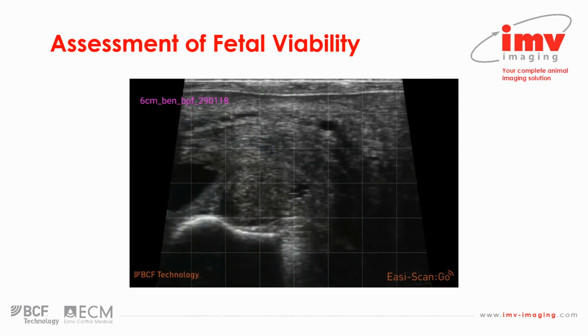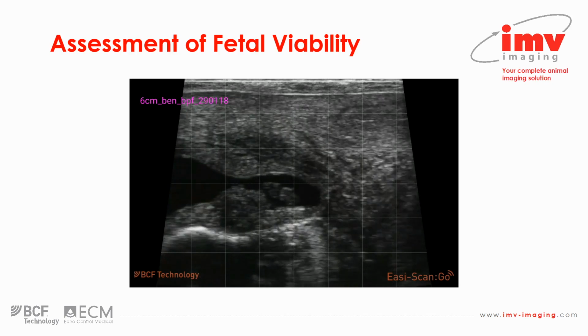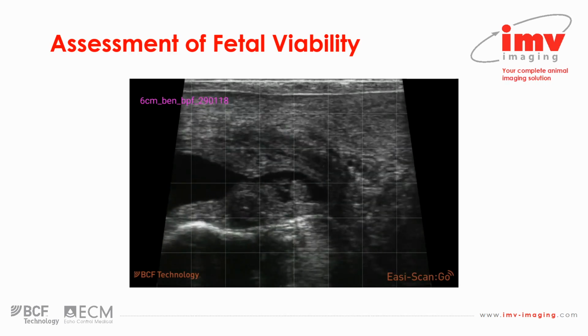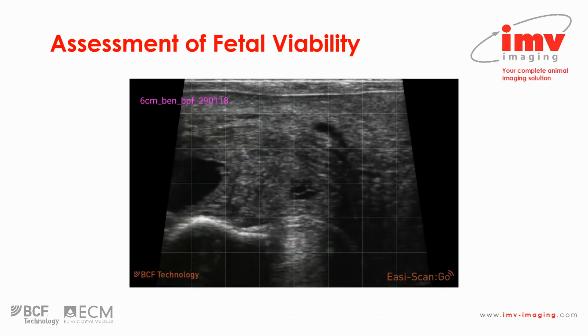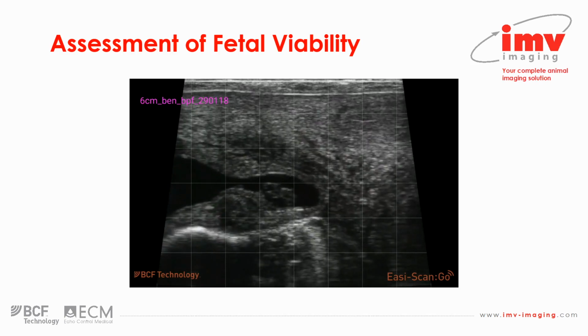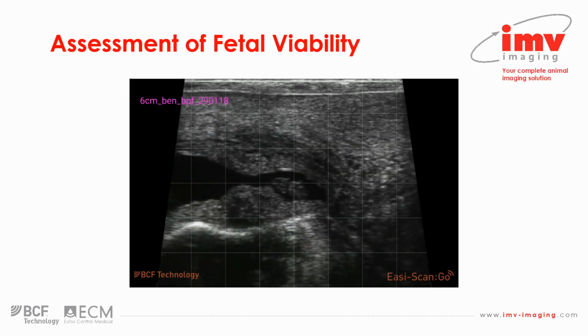But first and foremost, we're looking at the fetal heartbeat, and hopefully in this cine loop, which is just playing in circles there, looping over and again, you can make out quite clearly that little heartbeat in this fetus. So we can be confident that that fetus is alive and well when we're scanning.